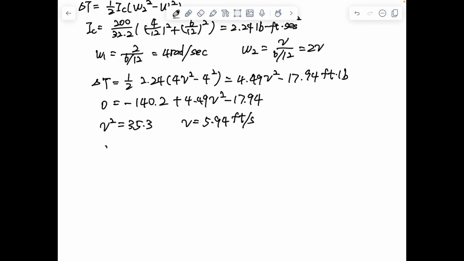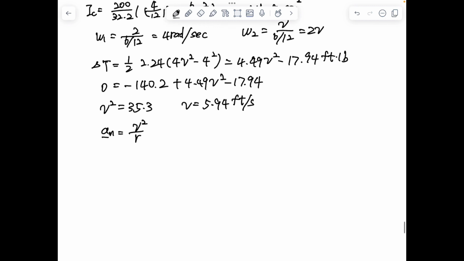As we know, acceleration in the normal direction is equal to V squared divided by r. Then we also have Newton's second law, which is Fn equal to m a n.